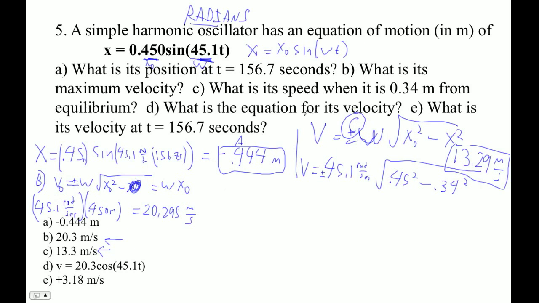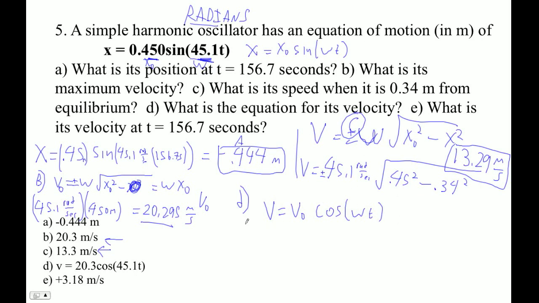Okay. And then D says, what's the equation for its velocity? Well, that's easy. Here's our V naught, right? That's V naught, right? Okay. And if it's sine, then of course the velocity is cosine, right? So D, what's the equation for its velocity? V equals V naught cos omega t, right? So there's omega. That's easy, right?